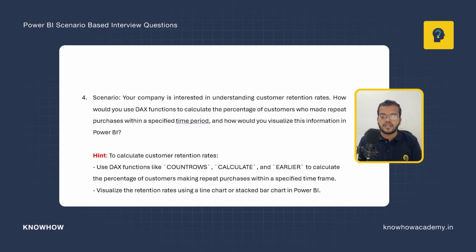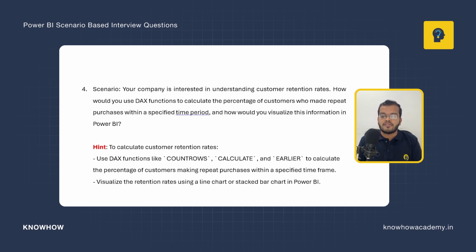The next question is, your company is interested in understanding customer retention rates. So how would you use a DAX function to calculate the percentage of customers who made repeated purchases within a specified time period? For example, in the month of April 2020 or in the month of April 2018, Asif Hussain has done multiple purchases and repeated the purchases.